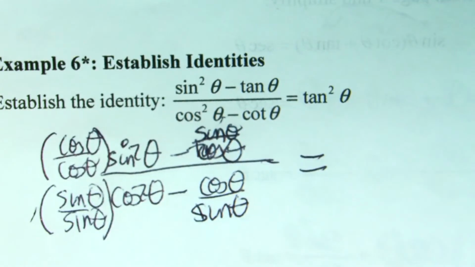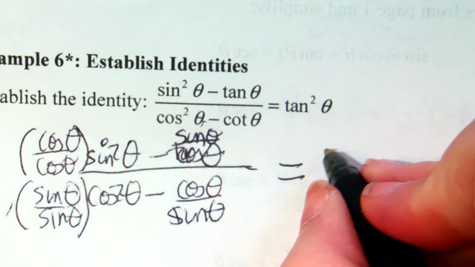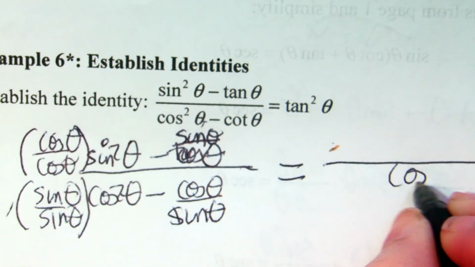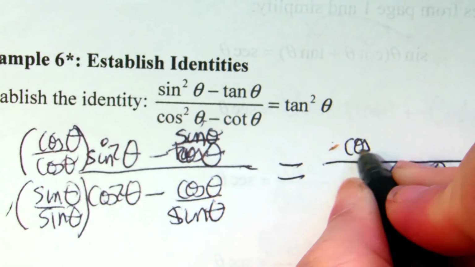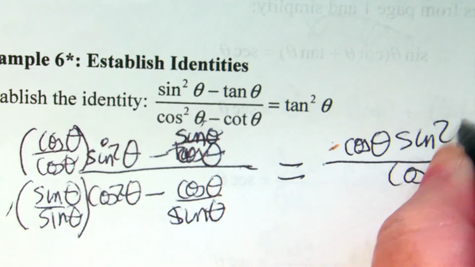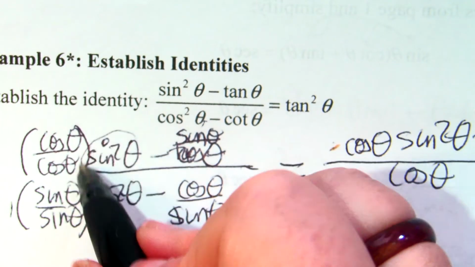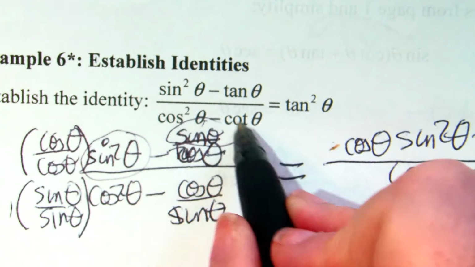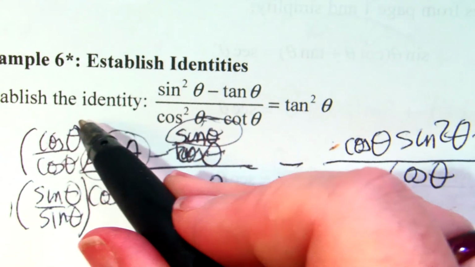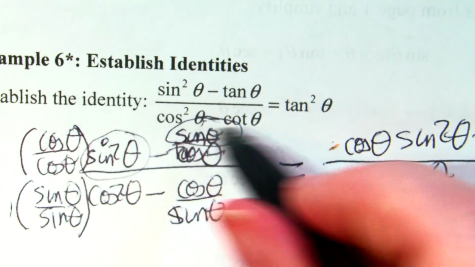So then what we're going to have is, over cosine theta, cosine theta times sine squared theta minus sine theta, because there's a sine theta here, squared theta, and a sine theta here, and this is multiplied by cosine, and this is multiplied by cosine as well.